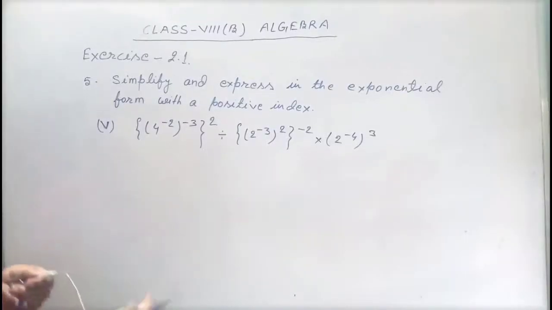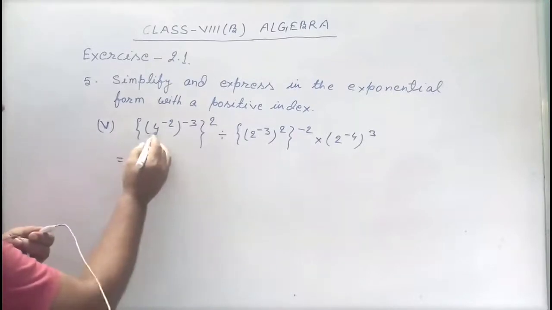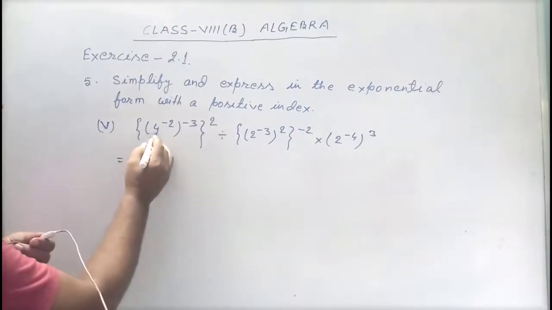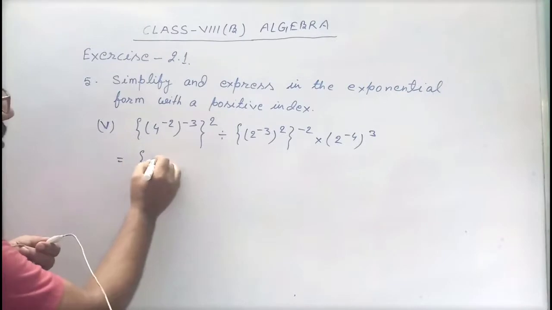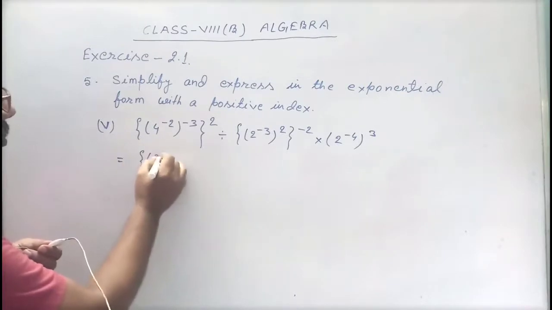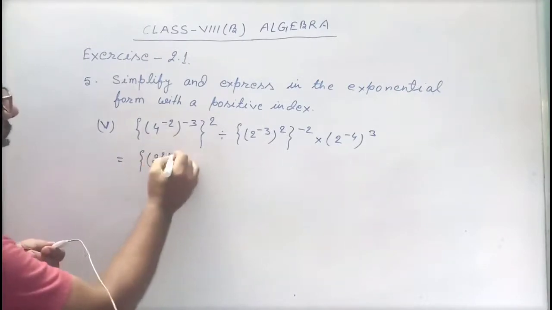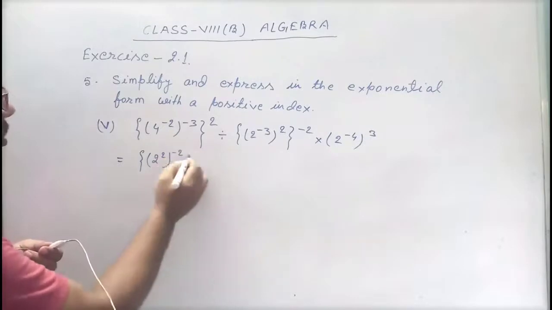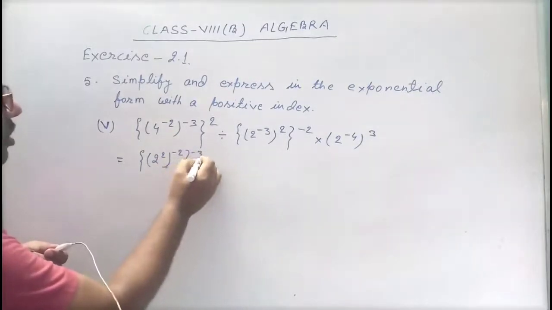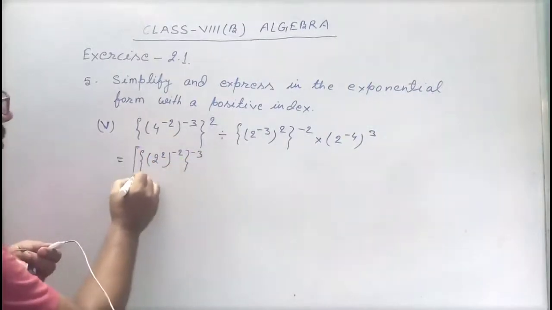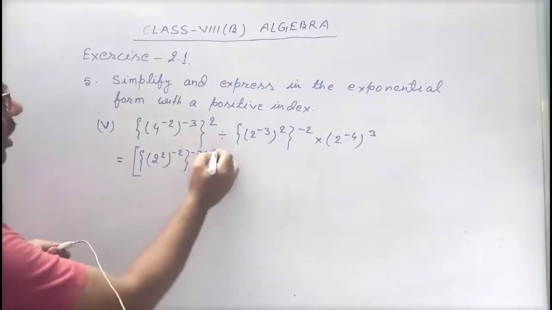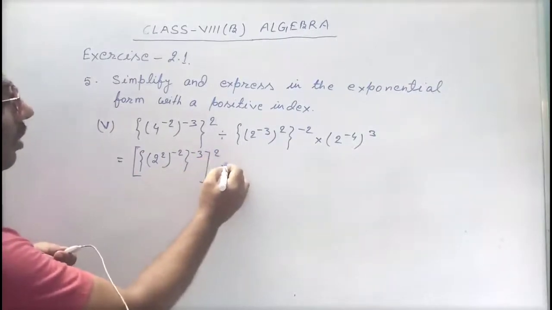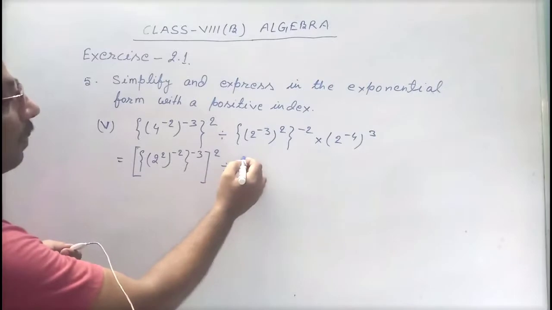Roman number 5. This is 4. We'll change this in the base of 2. For that we write 2 square, here is minus 2, and overall here is minus 3, and close inside the big bracket, and upon that power is square.